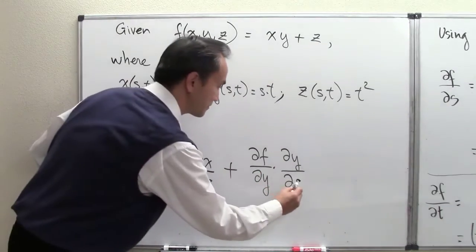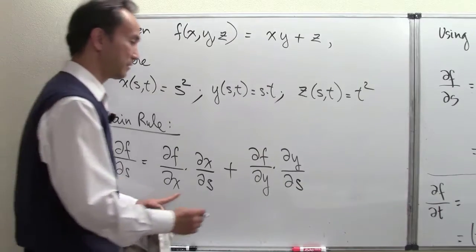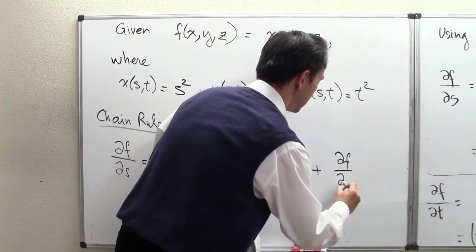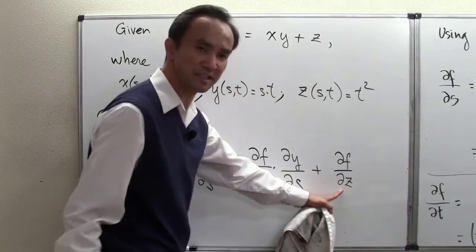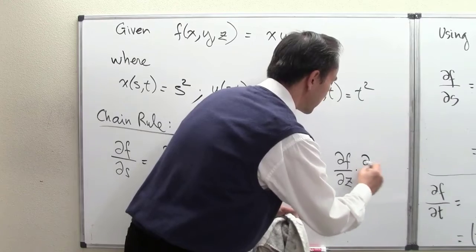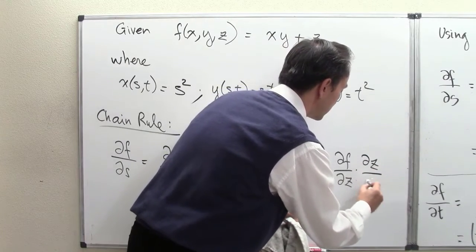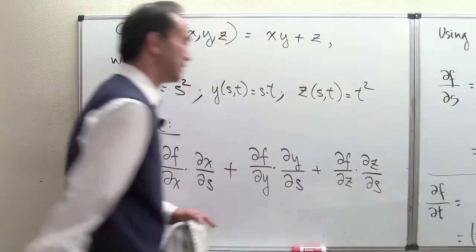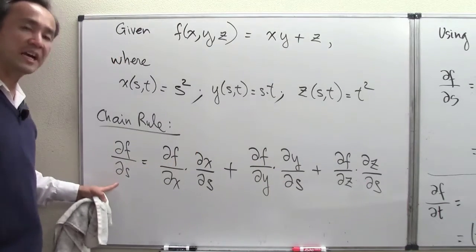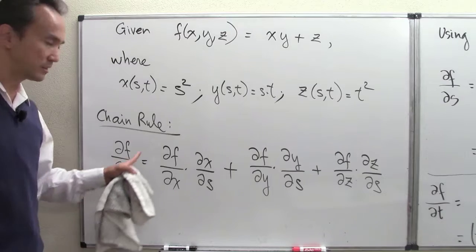Okay, and then plus df/dz, the third outer variable. We're going to multiply with the derivative of the inside, dz/ds, right there. So that's the chain rule that existed for df/ds in our problem that we've done earlier.